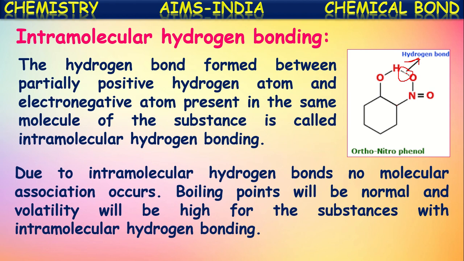And even the volatility will be very high for substances having intramolecular hydrogen bonding. Volatility means converting into vapor form below their boiling points. Certain liquids convert into gaseous or vapor form below their boiling points. That property is called volatility, and those liquids are called volatile liquids.